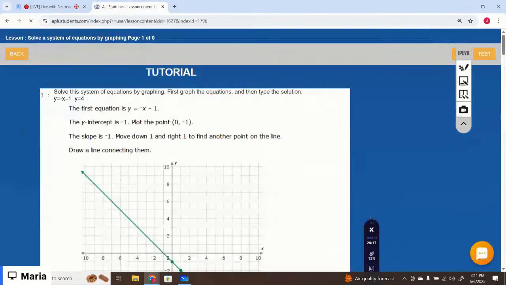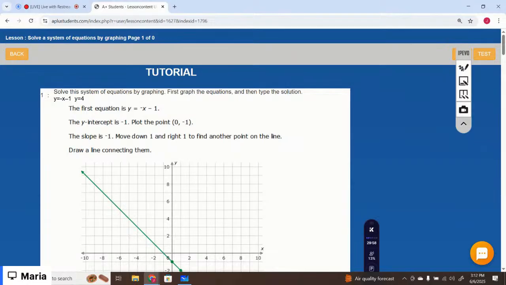So this is the first method of how we solve a system of equations. Solve the system of equations by graphing. First, graph the equations and then type the solution.